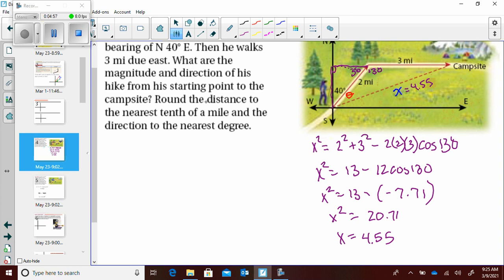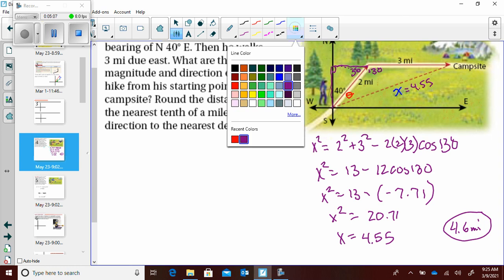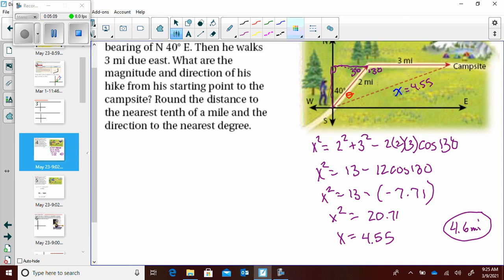So it asks for the distance to the nearest tenth. So that's 4.6 miles. We're going to still continue everything to the nearest hundredth, but this particular question does ask for the nearest tenth. So now I want to find this theta. If I find this theta, I can then find my direction off of east.